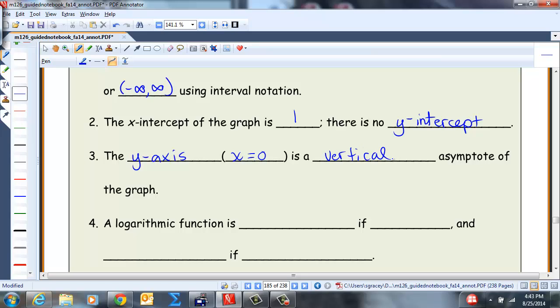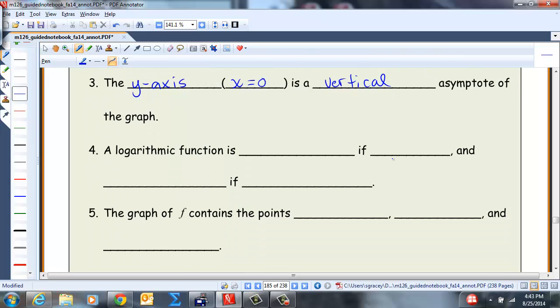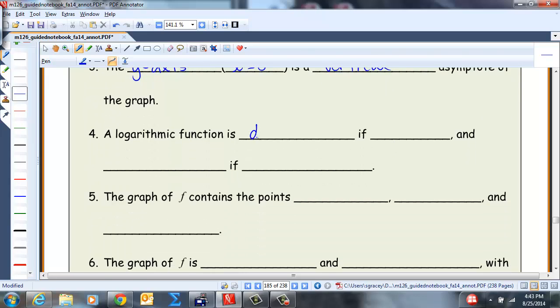The y-axis, which is also the line x equals 0, is a vertical asymptote of the graph. A logarithmic function is decreasing if the base falls between 0 and 1, and increasing if the base is greater than 1.